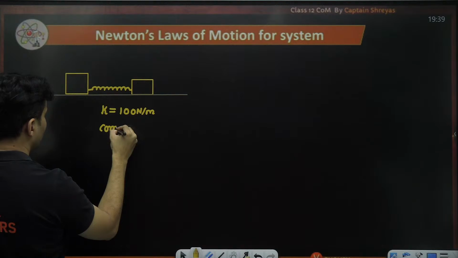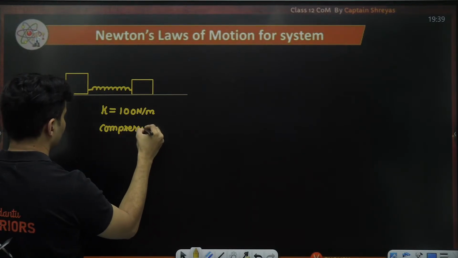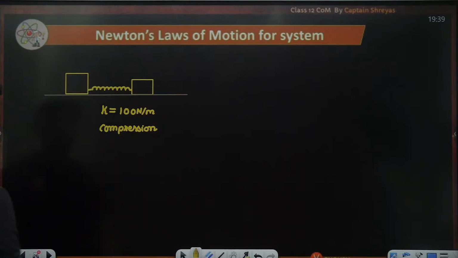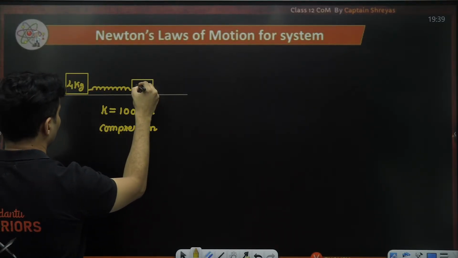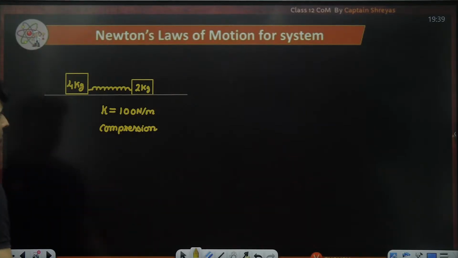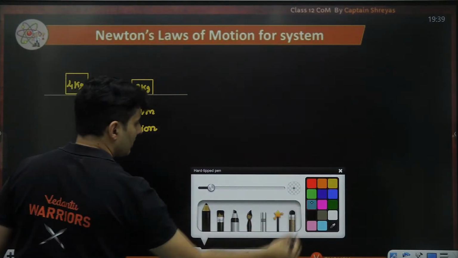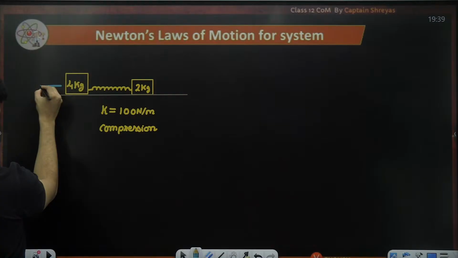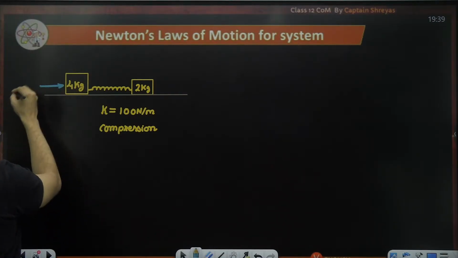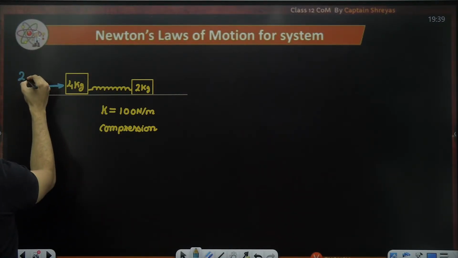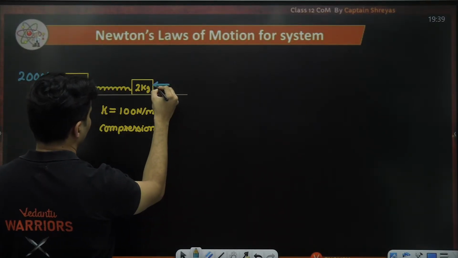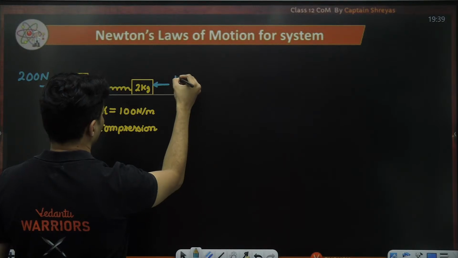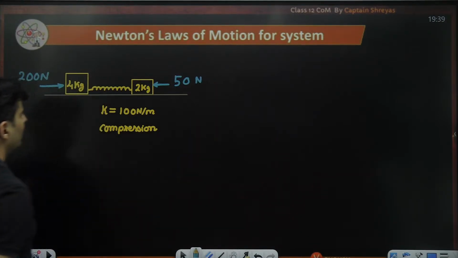The compression, let's say this is 4 kgs. Let's say this is 2 kgs. There is a force of, let's say, 200 Newton. There is another force of 50 Newton over here. There is another force of 50 Newton over here.